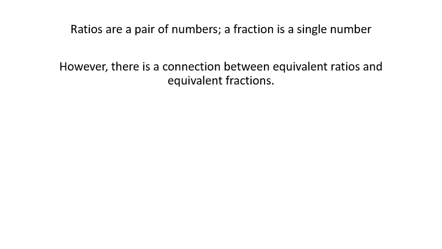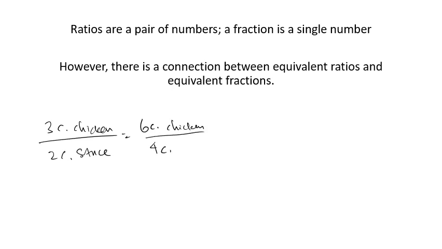Now, one thing that is a similarity is this connection between equivalent ratios and equivalent fractions. So let's say that we have, to go back to our chicken and sauce problem from before, if I have 3 cups of chicken and 2 cups of sauce, and we know that I could double that recipe and get 6 cups of chicken and 4 cups of sauce.